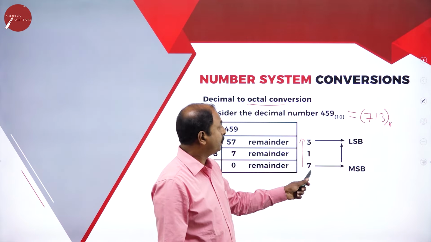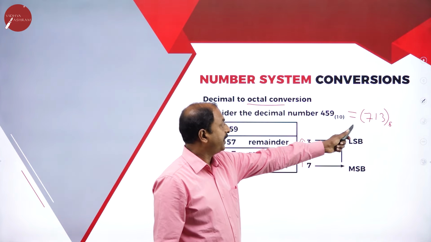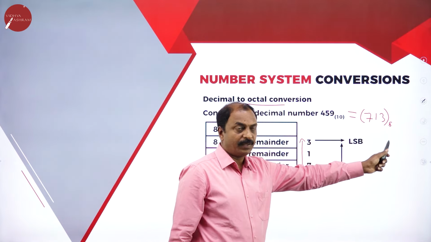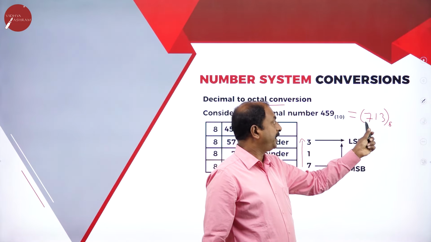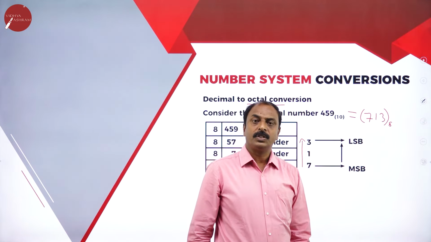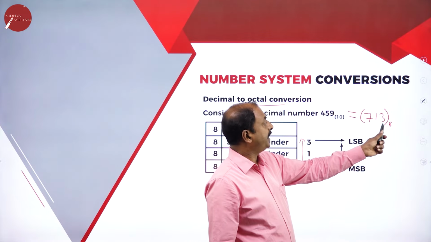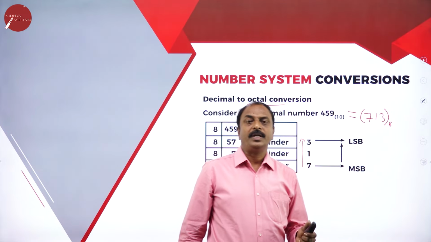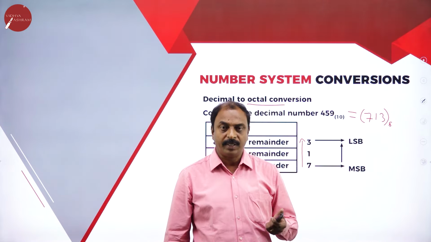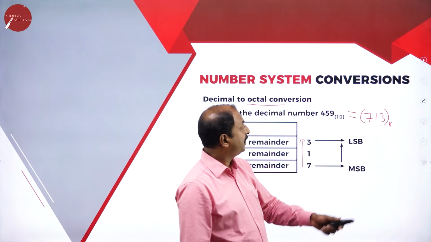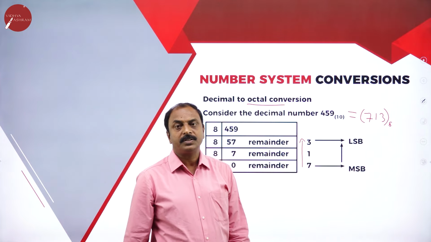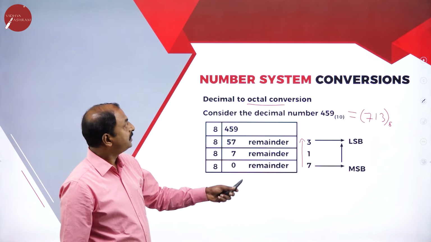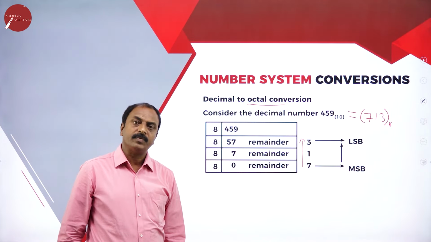From MSB to LSB, the answer is 713 to the base 8. If you observe, all the digits are between 0 and 7, because in the octal number system only 8 digits are available, from 0 to 7. So all the digits must be between 0 and 7. So this is decimal to octal conversion.